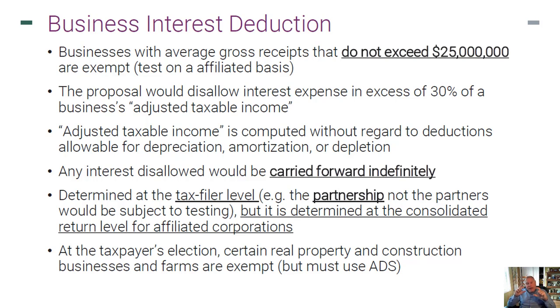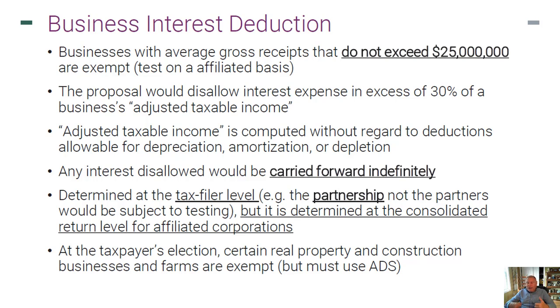So that's limiting the amount of the interest deduction. And if you disallow it, it could be carried forward. It's determined at the tax filer level, not the individual. At the taxpayer's election, certain real property and construction businesses and farms are exempt. Okay.